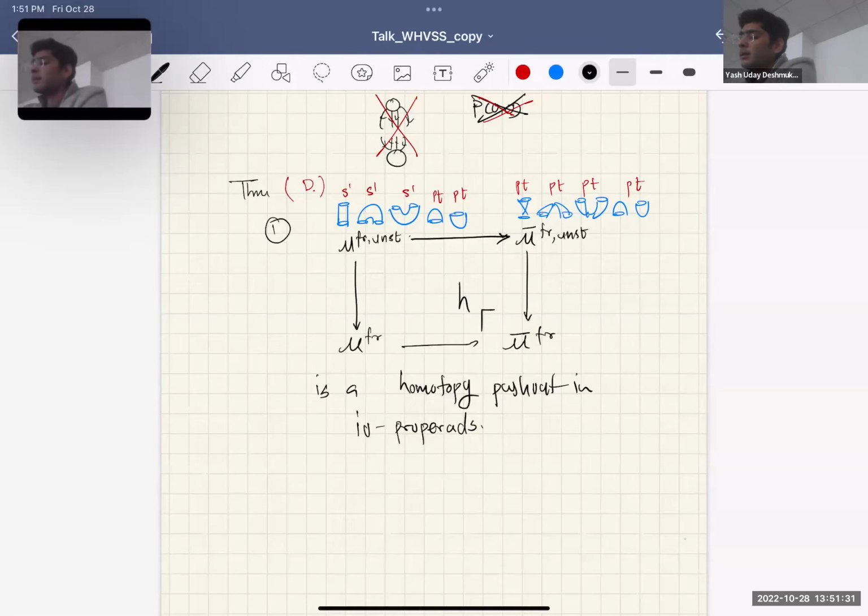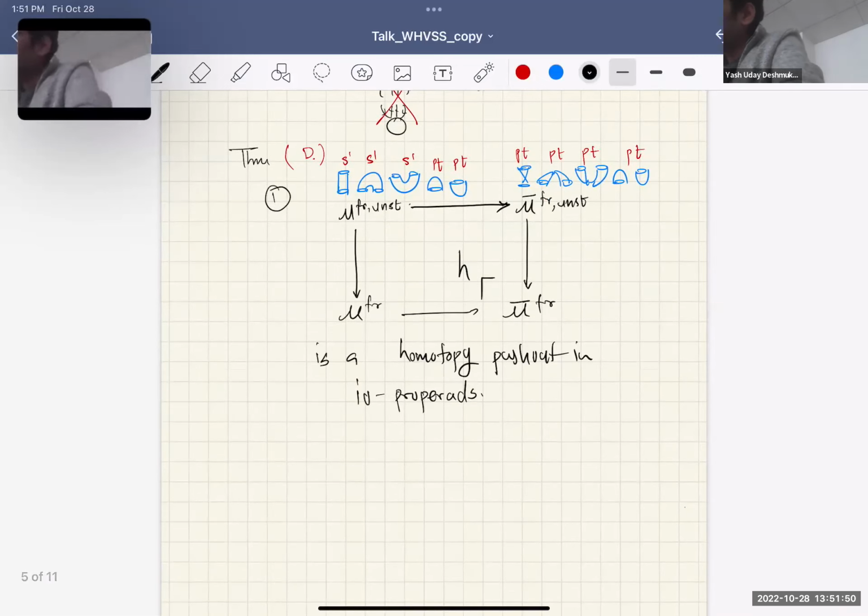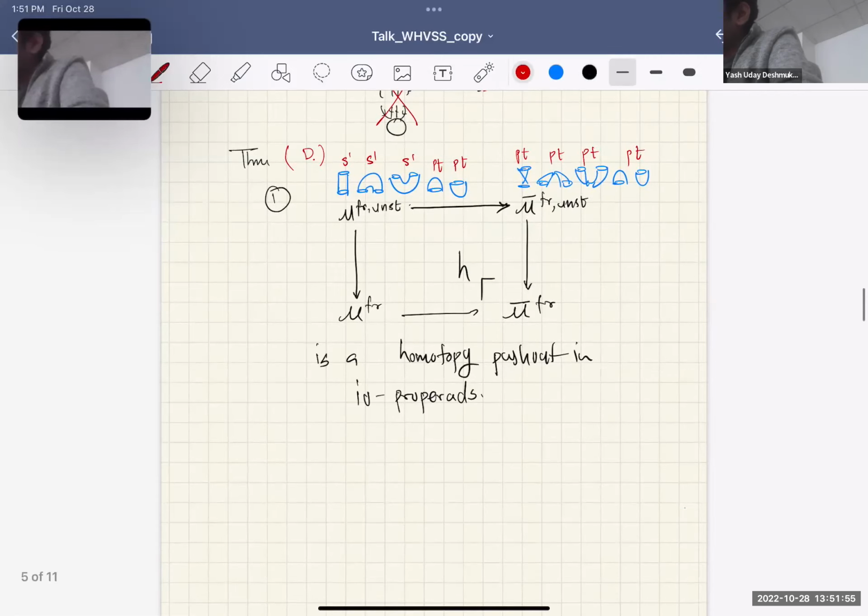Okay. So this is telling you how to express M-bar framed as a certain push out, where you take M-framed, you go to the subproperad in the unstable range, and then you push out to include all the nodal curves also in the unstable range. Notice that the effect of this push out is basically trivializing these families. We had S1, S1, S1 here, which became point, point, point here. So essentially we are providing trivializations of these S1 families, and the claim is that the result is going to be M-bar framed.